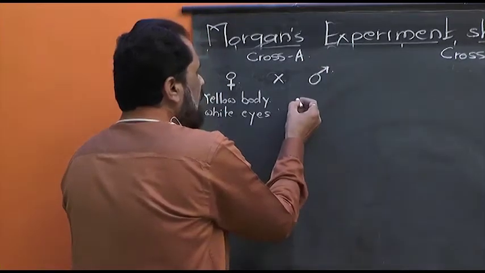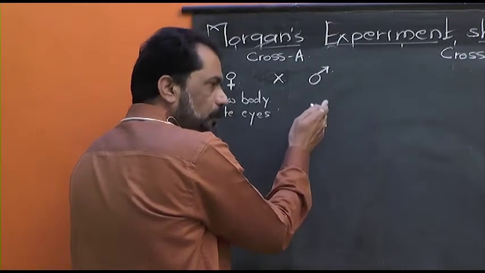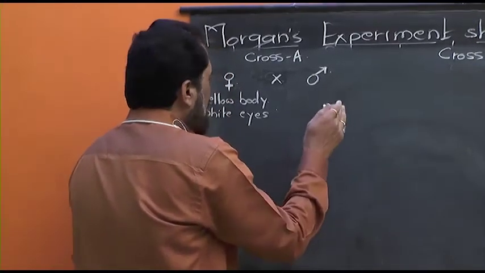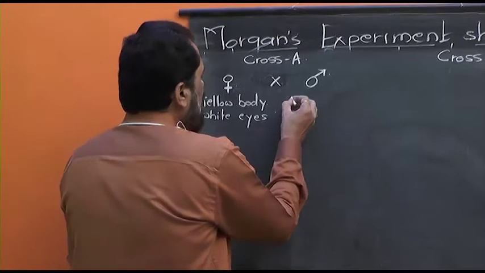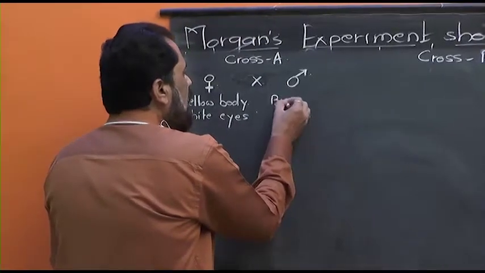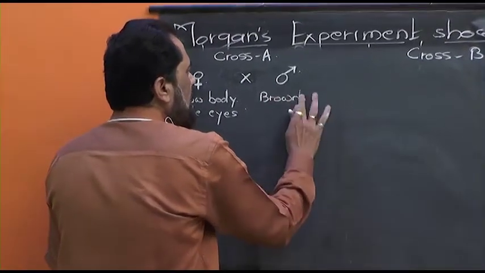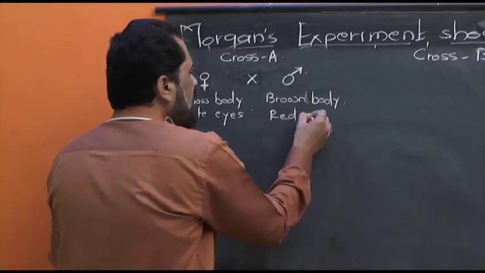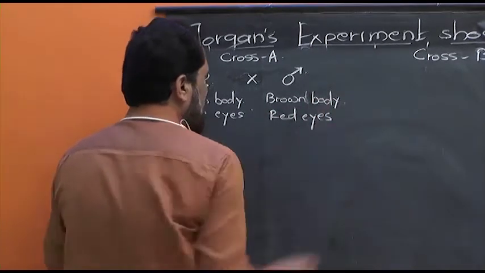Wild male, that is the male with dominant character, that is normal characters. You know the brown color of body is dominant character and red color of eyes is dominant character.